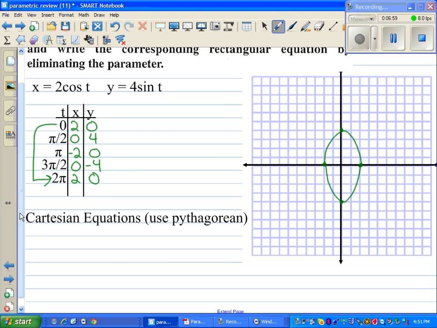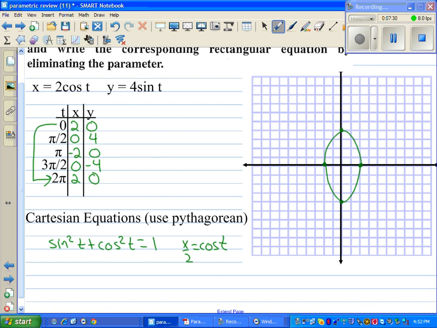Now we have to get this to be Cartesian. And what we know, and I have the hint, is to use Pythagorean properties. We have sine squared t plus cosine squared t equals 1. If we get cosine t by itself, we have x over 2 equals the cosine of t.